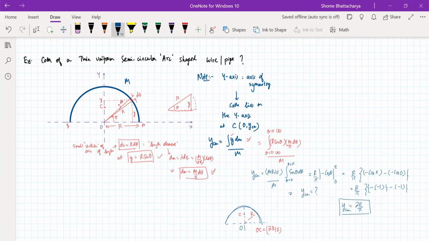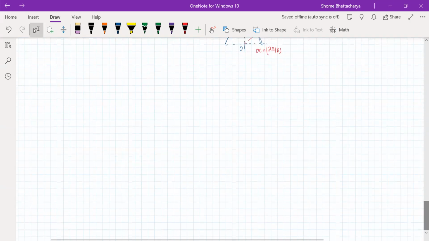Okay, now let's move on to our first example of surface integration.